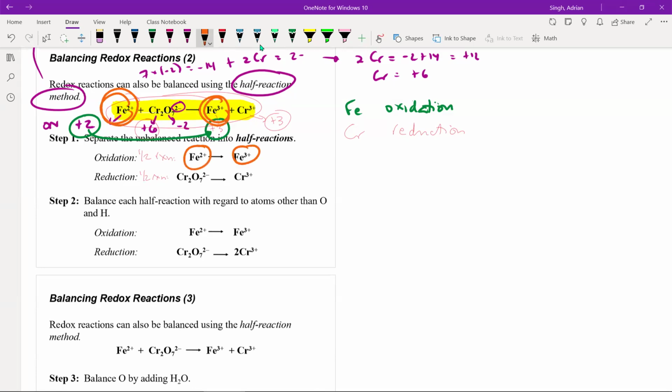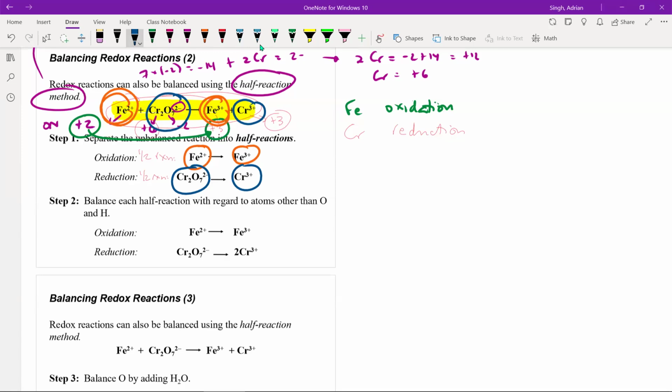And whatever remains is the reduction half reaction, so we have Cr2O7 2 minus becoming Cr3 plus. So we have our two half reactions that we are starting off with.